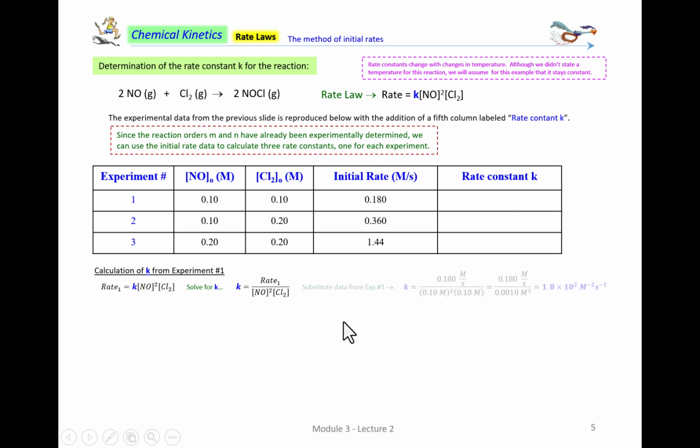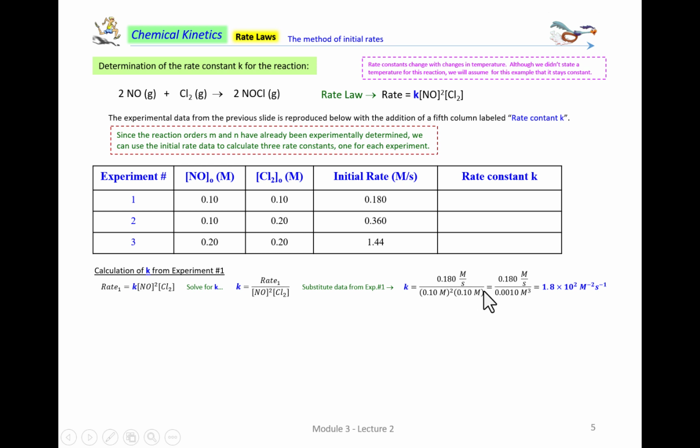We just substitute the data. Rate 1 is 0.18 molar per second. It's right here. The concentration in experiment 1 for NO is 0.1 molar, and you need to remember to square it because m is 2. And the concentration of chlorine is 0.1 molar, and that's to the first power.